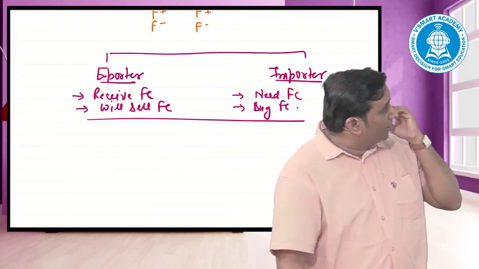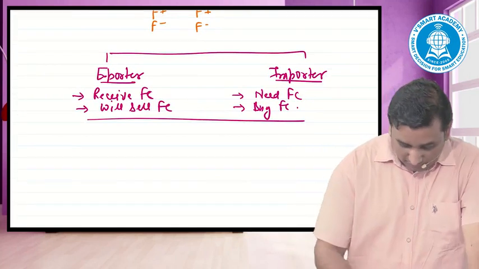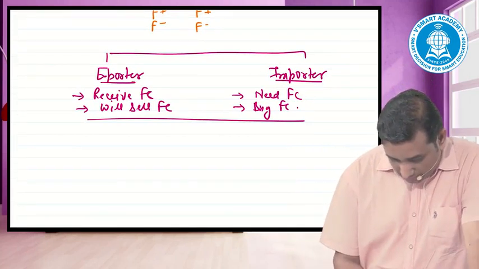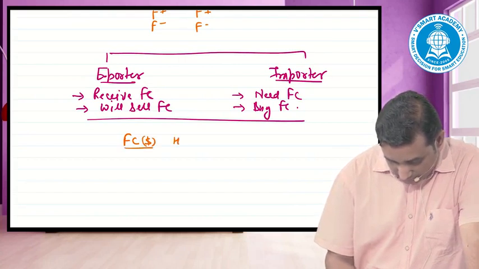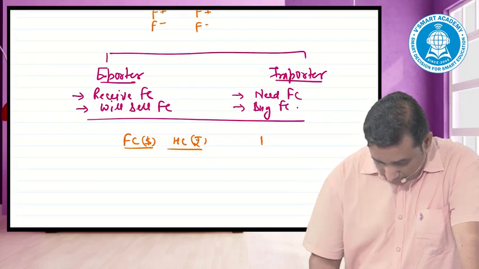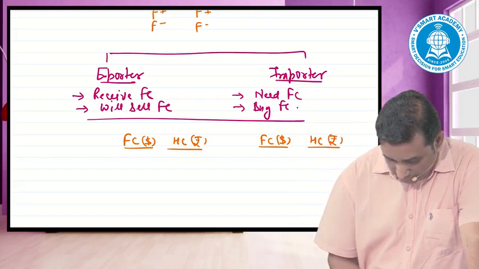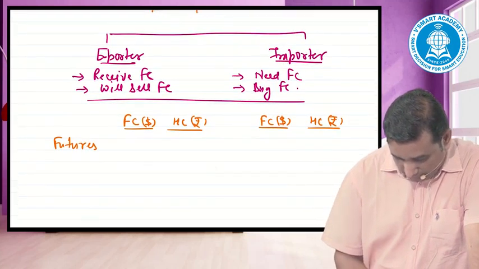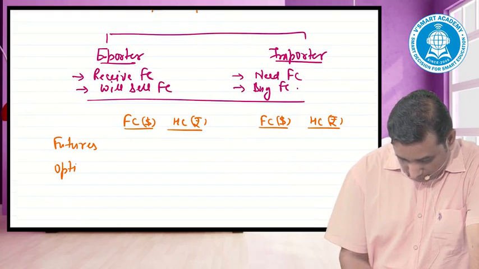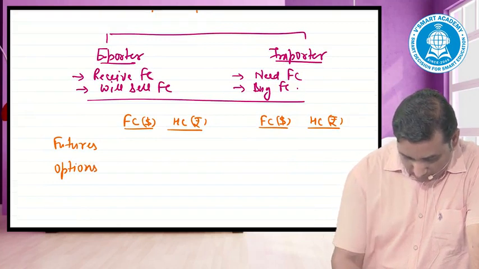Now if I make the part below that, I can assume foreign currency as dollar, home currency as rupee. This is for the exporter. Foreign currency as dollar, home currency as rupee for the importer. Then the futures contract and options contract.